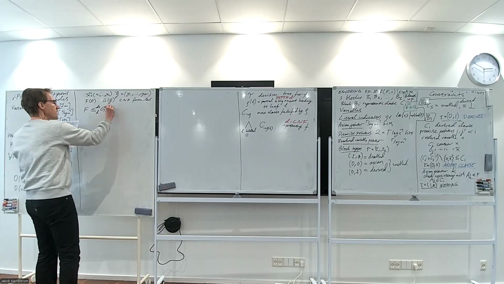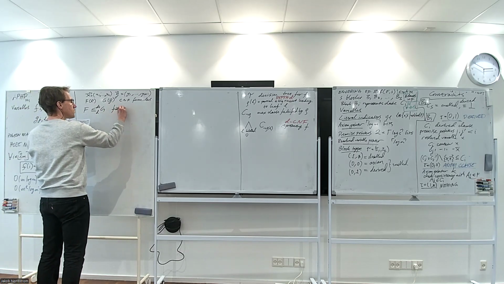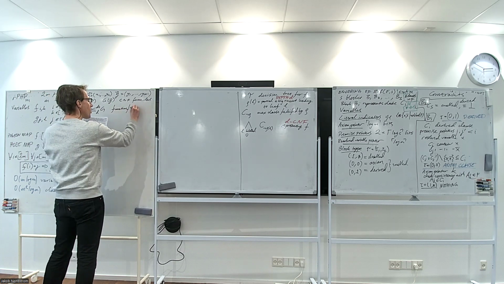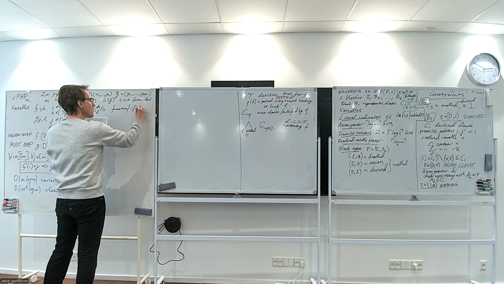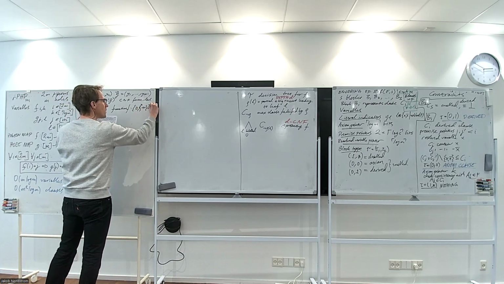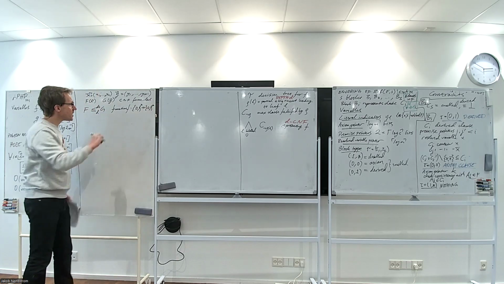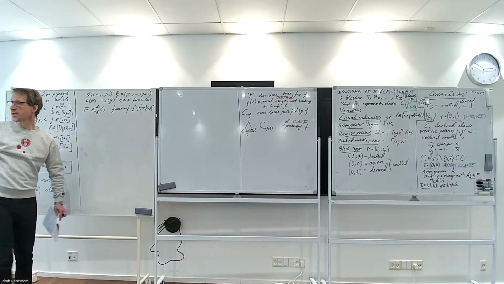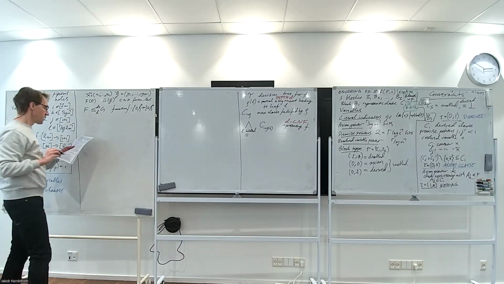What is that? That is a function from {0,1}^n to {0,1}^m. Basically, if you give me an assignment to the x variables, I can compute the y variables. That's how we should think about it.